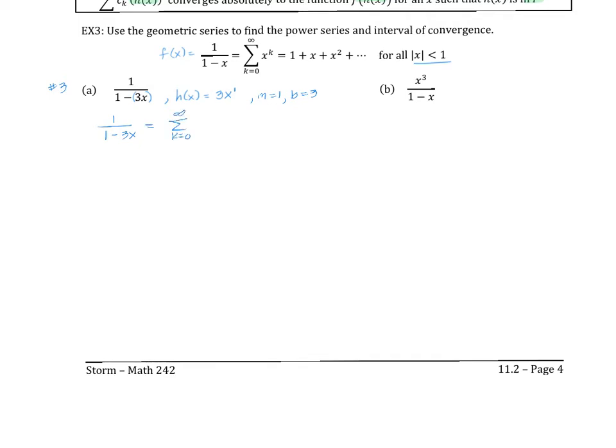All I have to do is simply substitute my h of x for my x. So instead of x, I just plug in 3x to the k. And it's that simple. I'm done. I found the series. I need the interval of convergence.